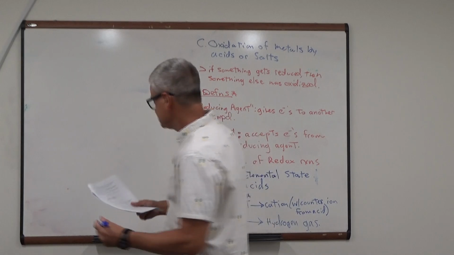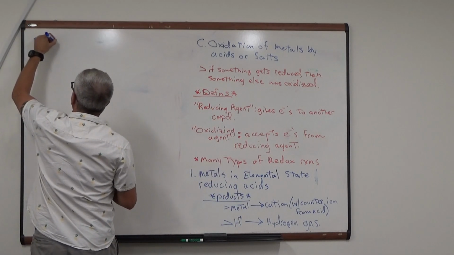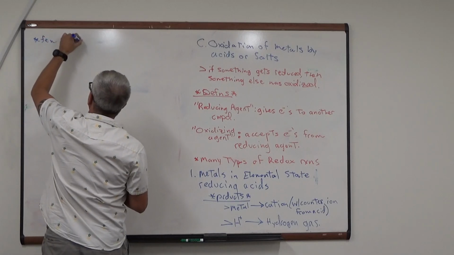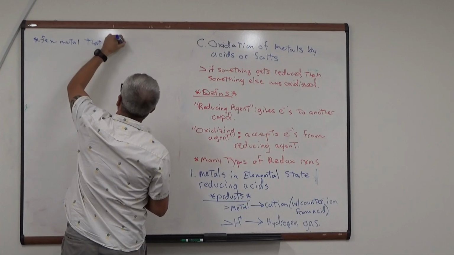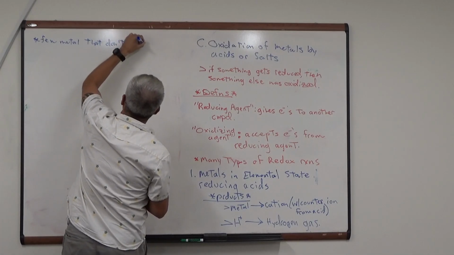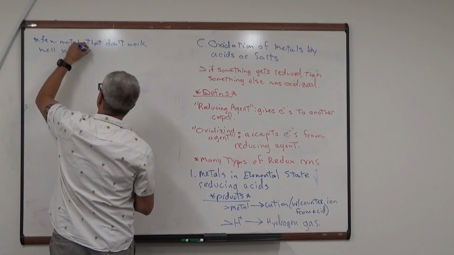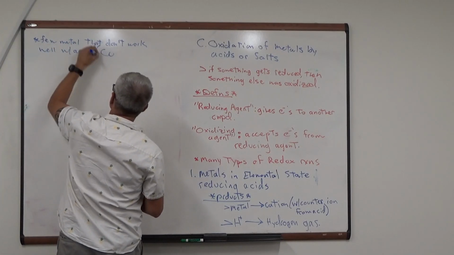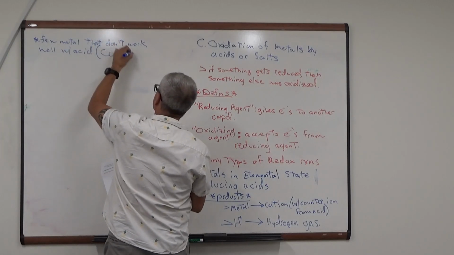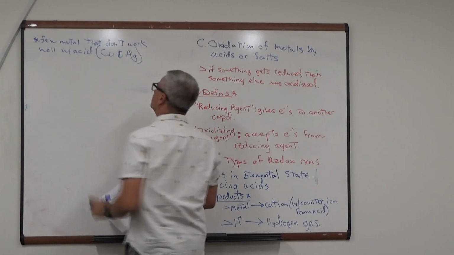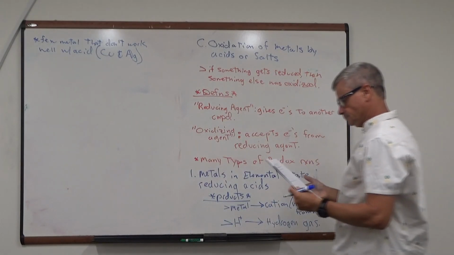There are a few metals that don't work well with acid. Copper is one. Oh, and silver.